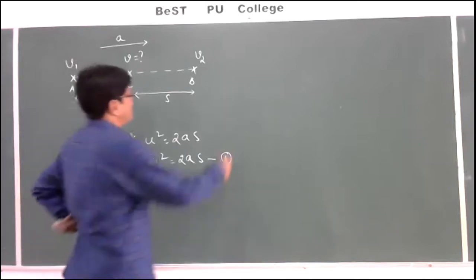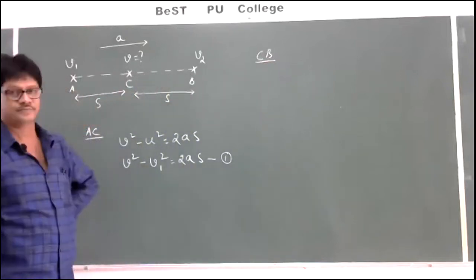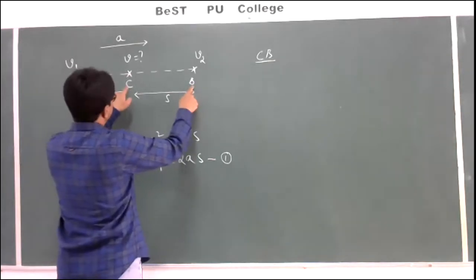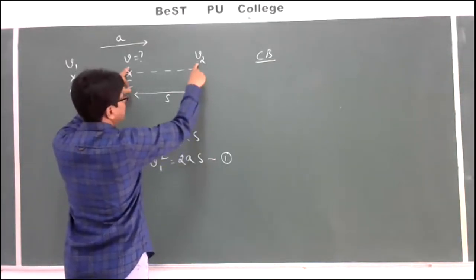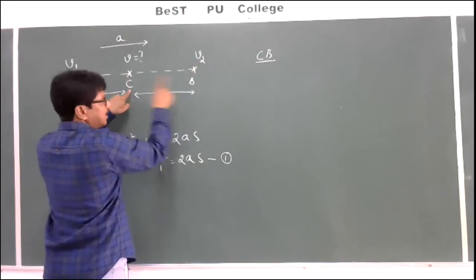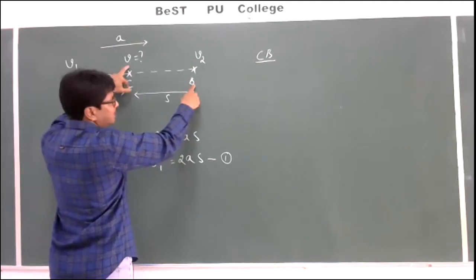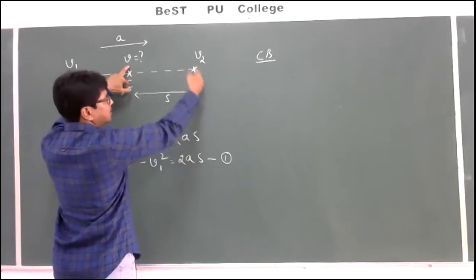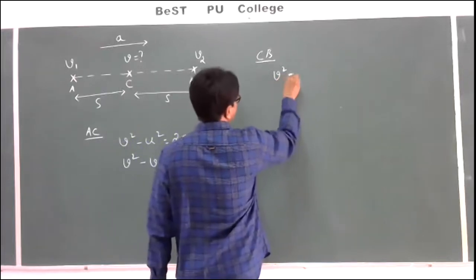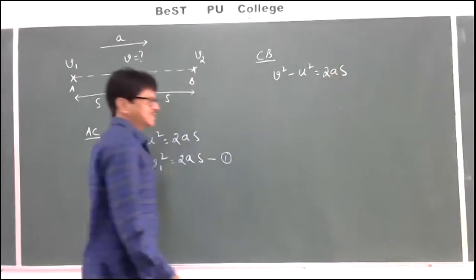Now I will go with CB. C is the initial point, B is the final point. The velocity at C will be the initial velocity, the velocity at B will be the final velocity. Again, we approach the same formula, V square minus U square is equal to 2AS.